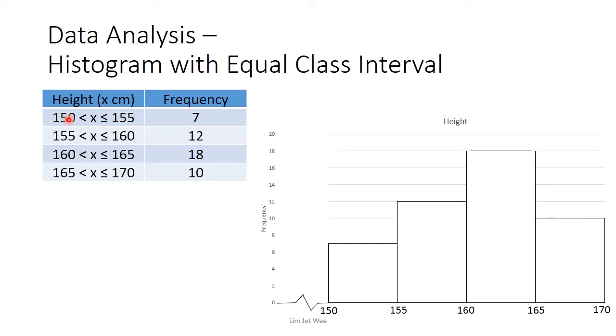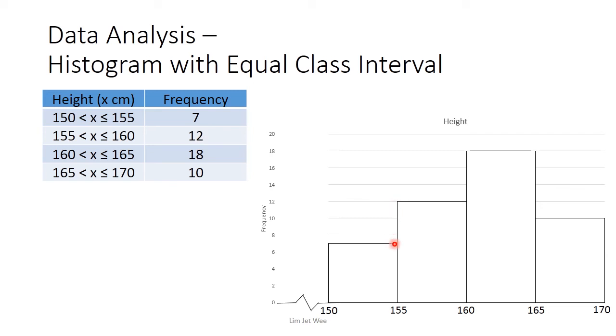So 150 to 155, the frequency is 7. So from 150 to 155 at 7, and I draw a rectangle over here. From 155 to 160, frequency 12.